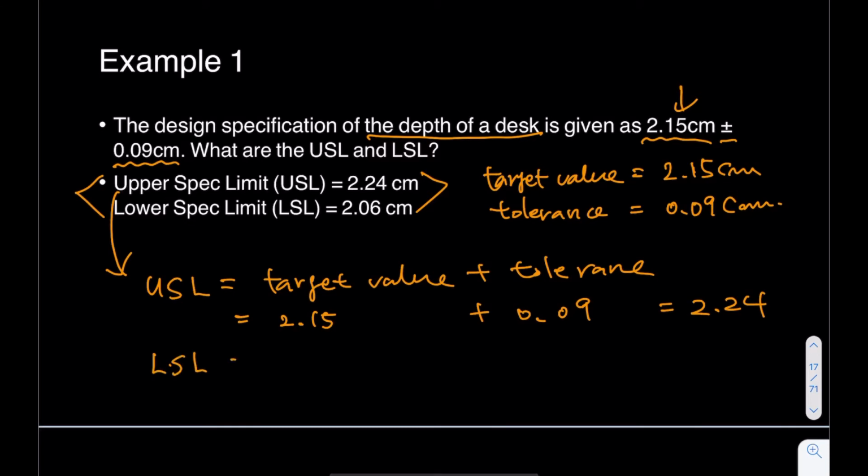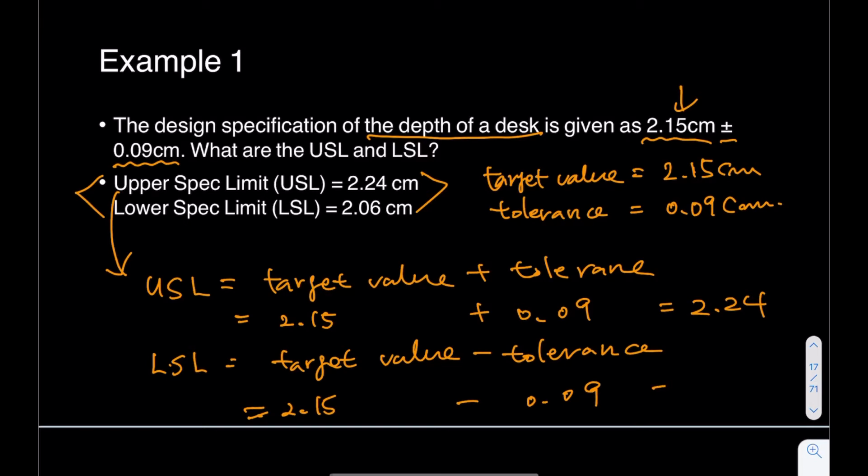Lower specification limit is similarly target value minus tolerance. Therefore, in this case, 2.15 target value minus tolerance 0.09, so the answer is 2.06. So now you understand the meaning of upper specification limit and lower specification limit.